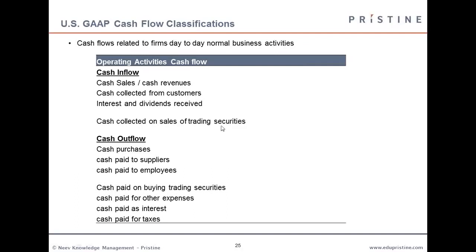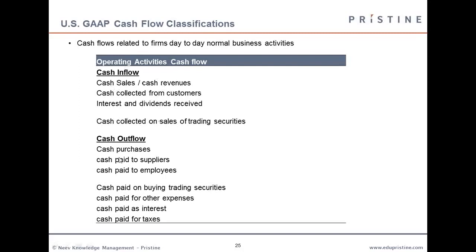So the cash that is generated from sales or revenues, the cash collected from customers, the sales of trading securities, the interest and dividends received, all these come under cash inflow. There is a slight difference between US standards and IFRS standards, so I'll discuss them later.